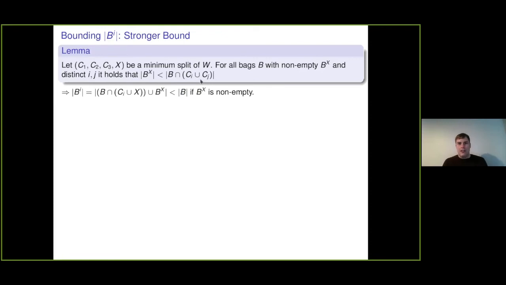This is the same as the previous lemma, but it says that the inequality is strict if this Bx of fixing vertices is non-empty. So this implies the resulting bag Bi is strictly smaller than the original bag B if Bx is non-empty.